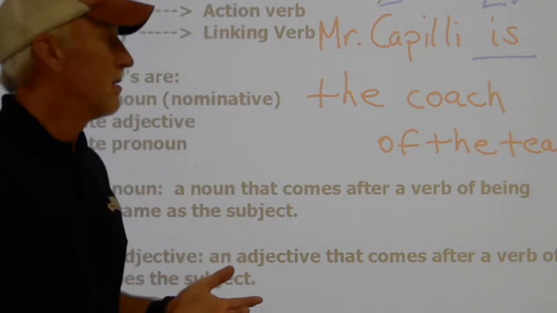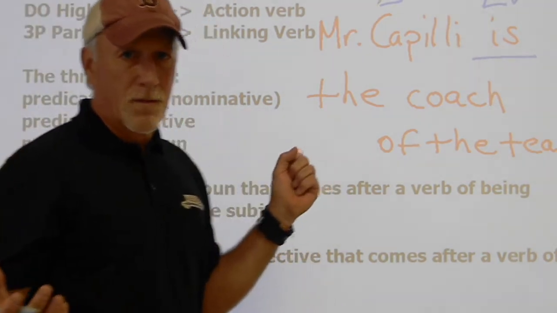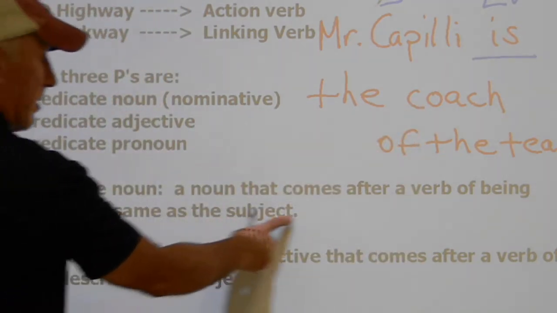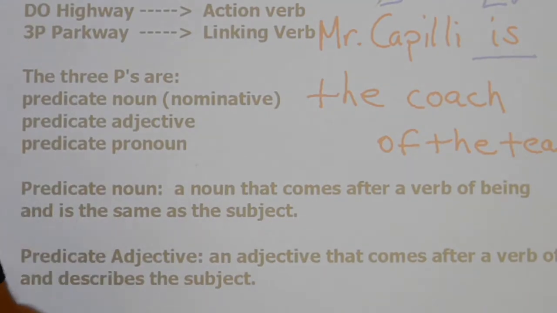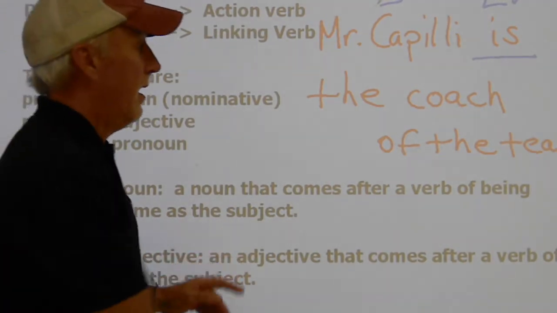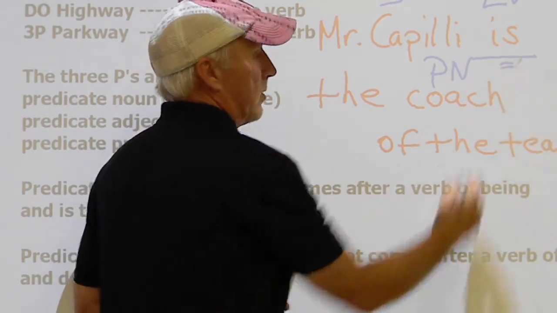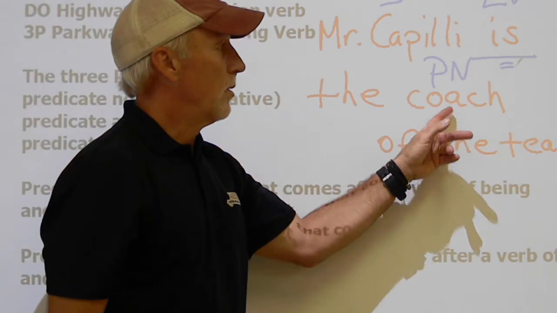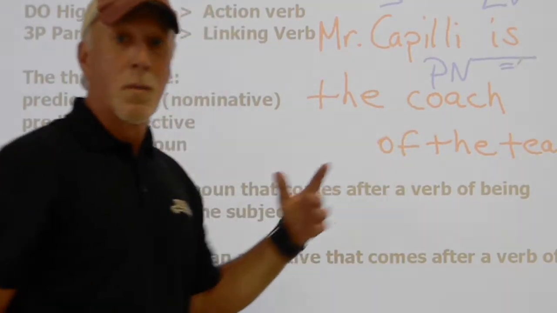Mr. Capilli is the subject. Now, 3P Parkway, linking verb. What follows this verb of being and is the same as the subject? The answer is coach. Predicate noun. Remember the equal signs that we learned last year. Mr. Capilli is coach. This is the same as the subject, so it's a predicate noun.